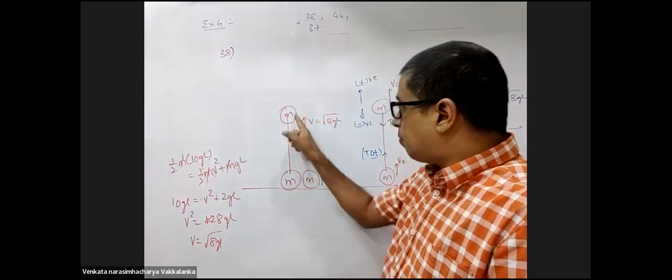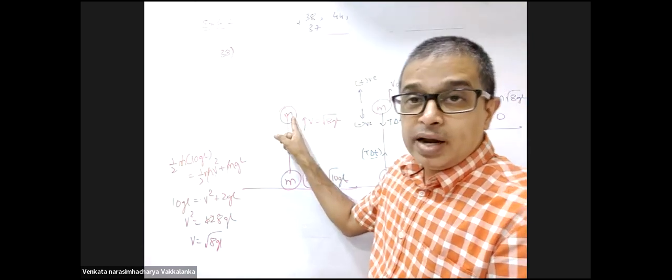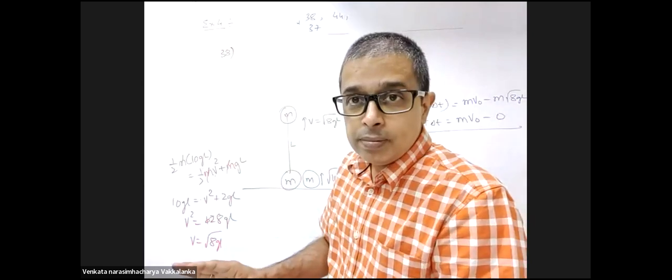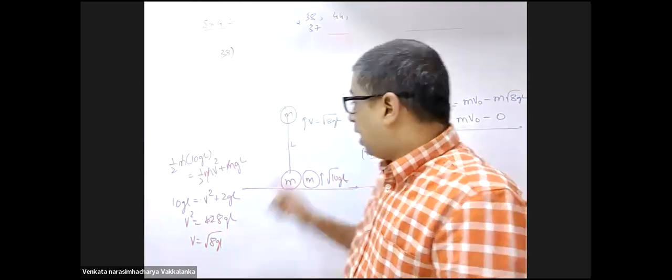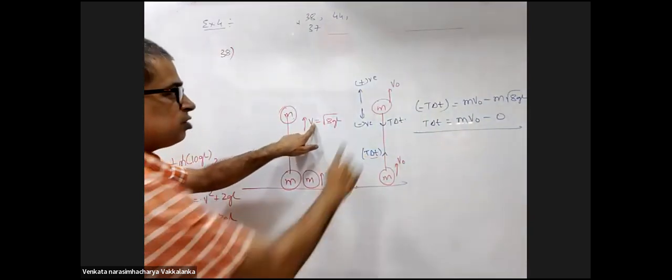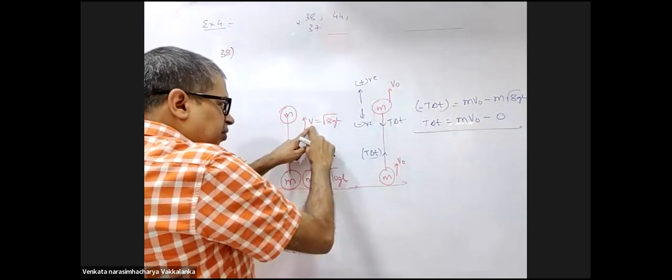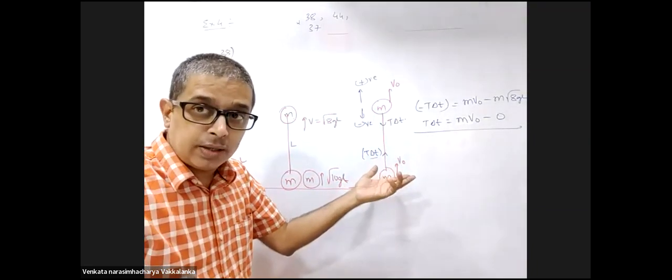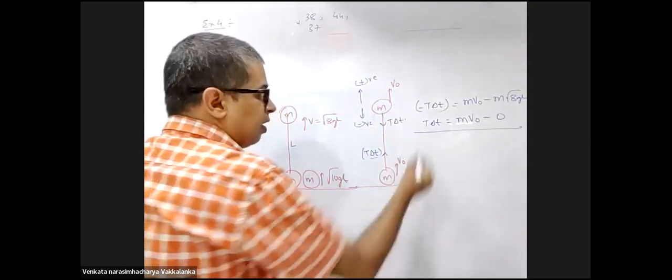This mass takes surplus time to come till here. Gravity produces substantial change in momentum. Okay, sir. Right? Yes, sir. I am conserving momentum in this state from just before the string became taut to just after the string became taut. If I write the equation, what will I get?